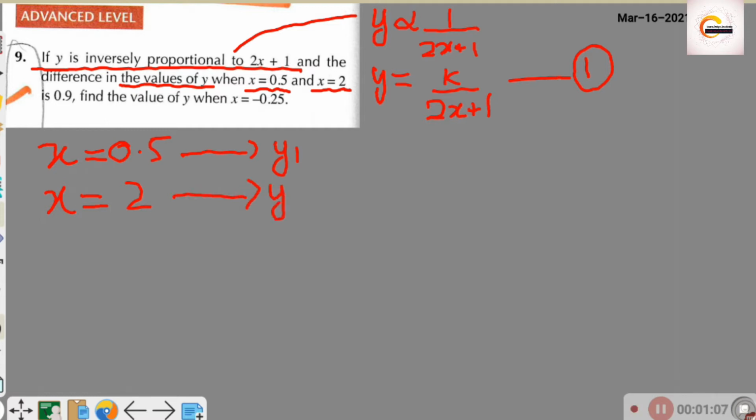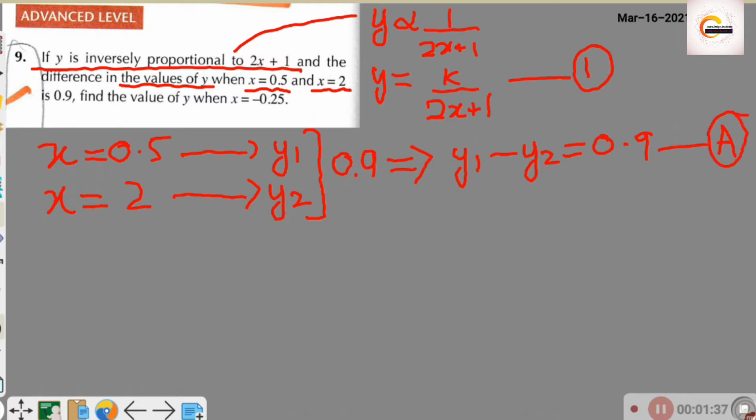Let's call it y2. So it says that the difference between y1 and y2 is 0.9. We can write down this statement in the form of a formula like this: y1 minus y2 is equal to 0.9. Let's call it equation A.